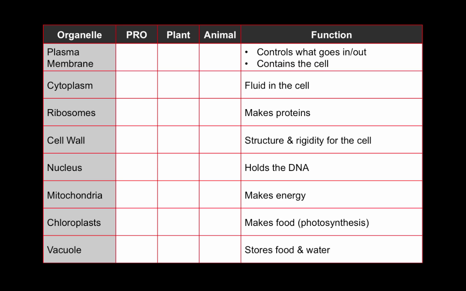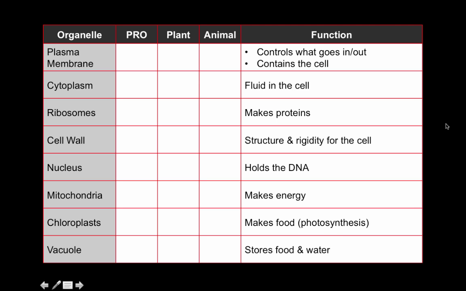All right, now if we look at the organelles themselves, over here we have all the different organelles, we have their function, and then we're going to look at whether they're found in prokaryotic cells, and then animals and plants.